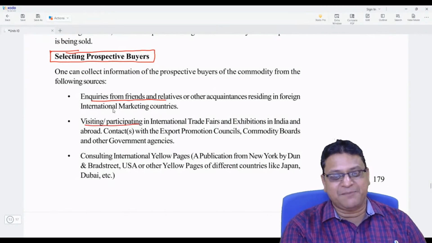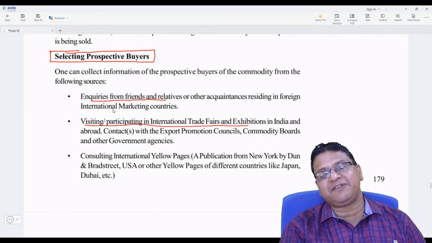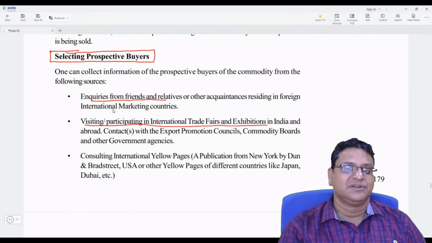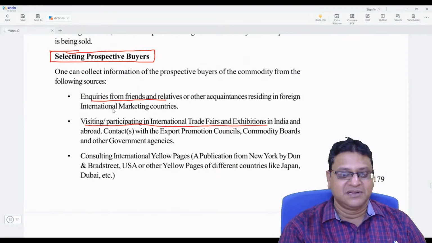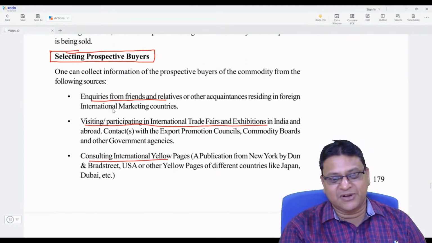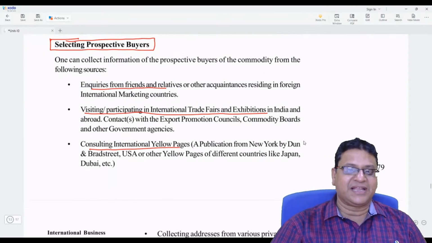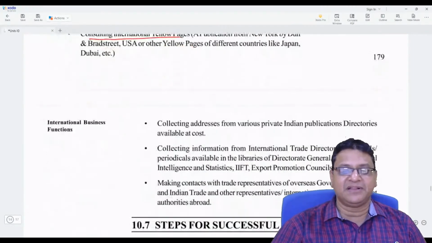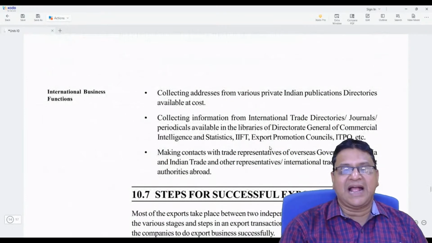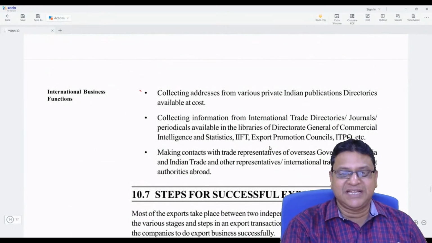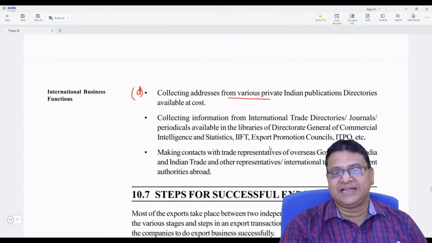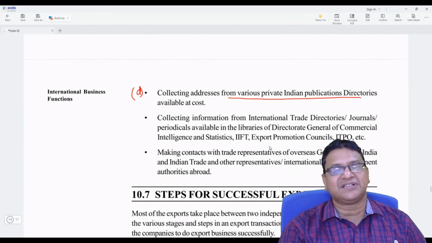By visiting and participating in international trade fairs and exhibitions, you can get international buyers. By consulting international yellow pages, you can get international buyers. By collecting addresses from various Indian publications like directories, you can get international buyers.